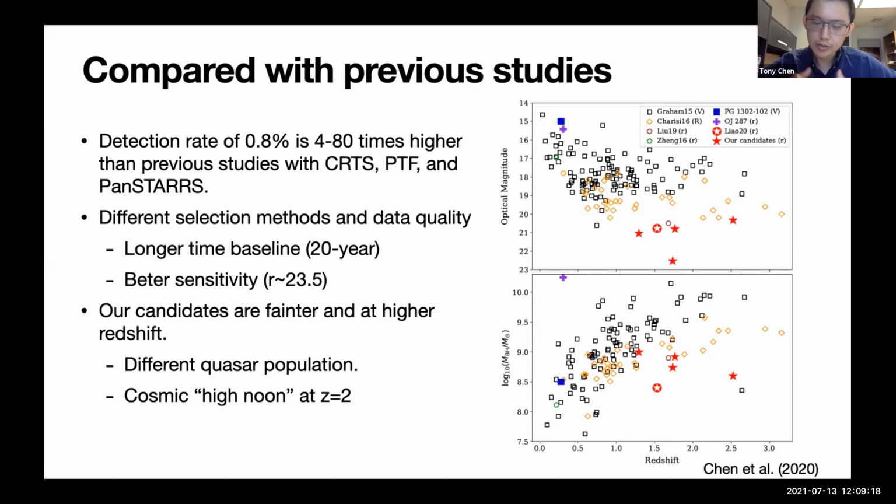So we should expect to see more periodic quasars or binary supermassive black holes in this region. And we are hoping that with LSST, with its better sensitivity, we can find more and more periodic quasar candidates in this region, as well as at higher redshift.